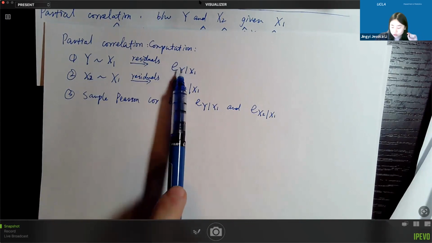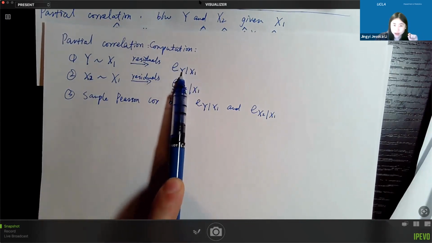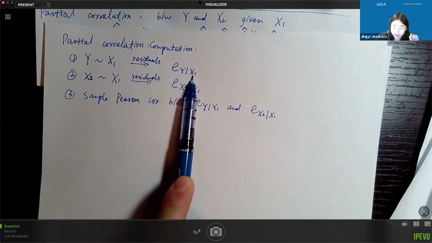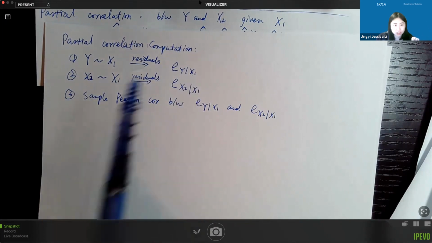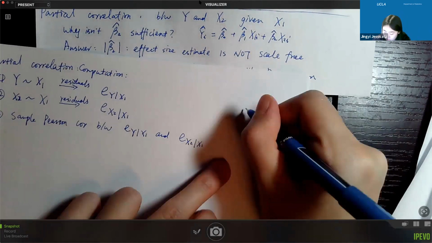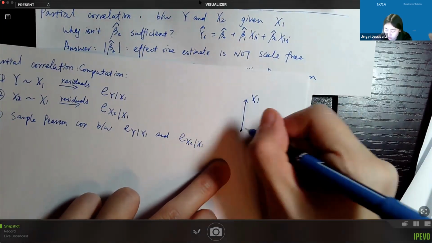And so linear regression means that I'm projecting the vector y onto vector x1, and then I take the residual as the difference. So basically, I'm going to draw here. Let's say this is the vector x1. This is the origin.